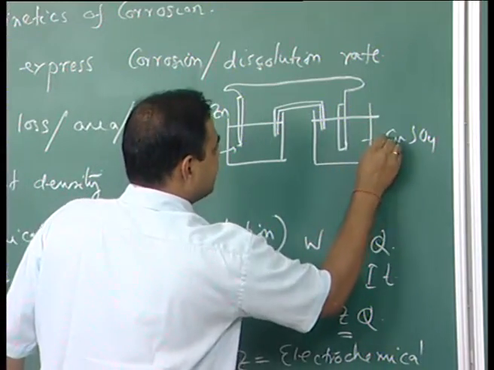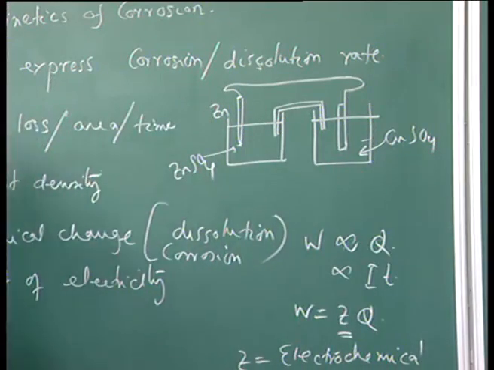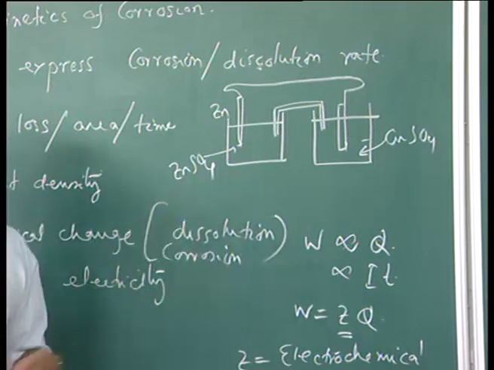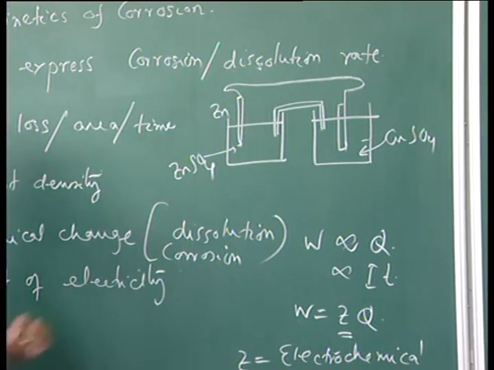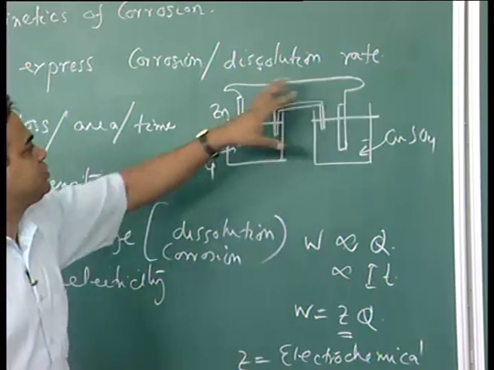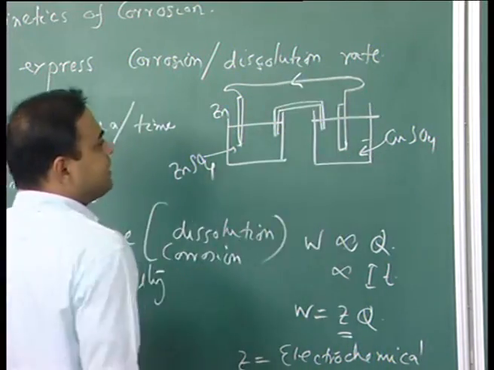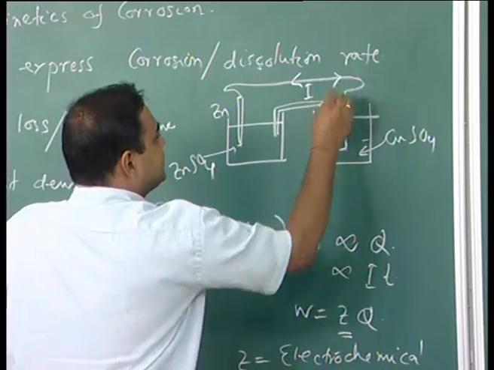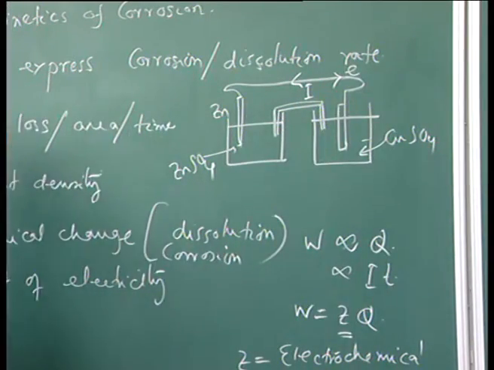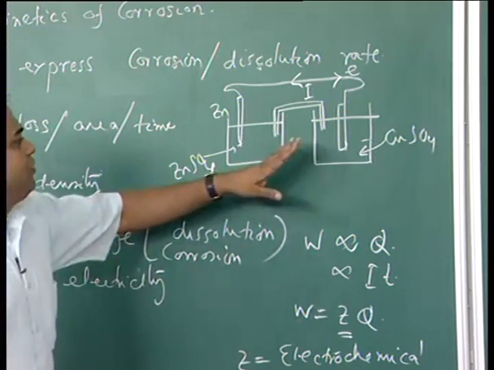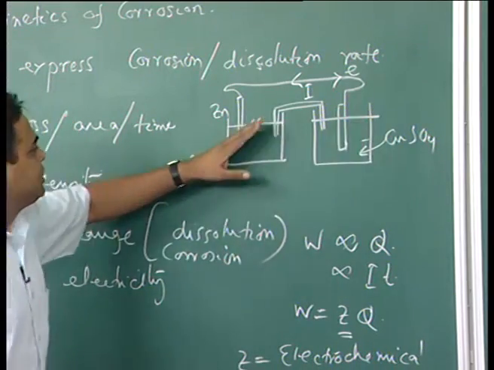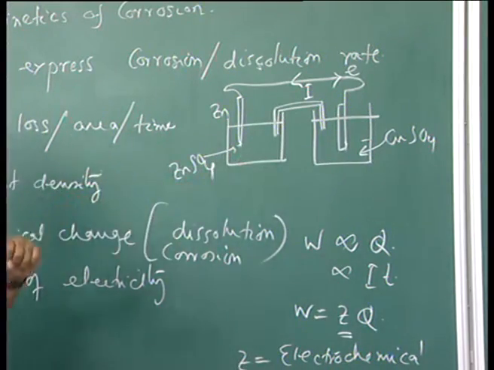If you maintain the activities of zinc and copper constant, and if you connect these two terminals, you will see that current will flow from this end to this end. This is the current flow, and from this end to this end there will be electron flow, and copper will be deposited here, while zinc will be dissolving in zinc sulphate.